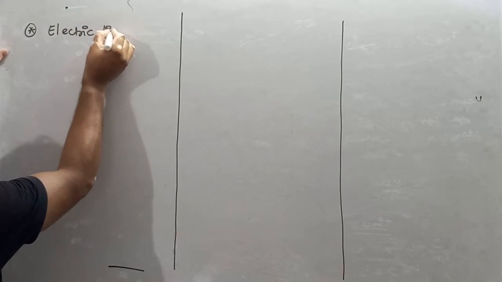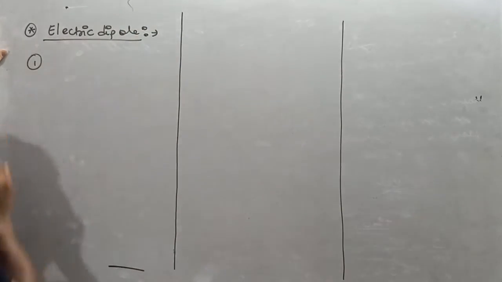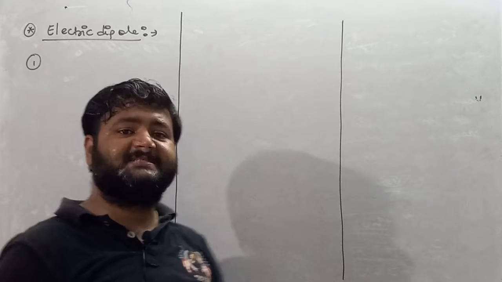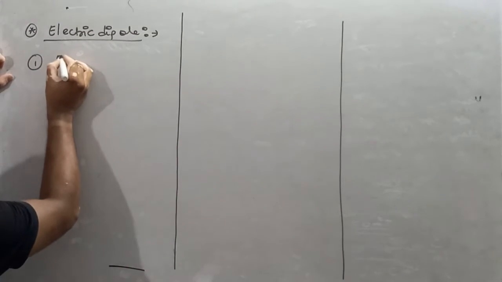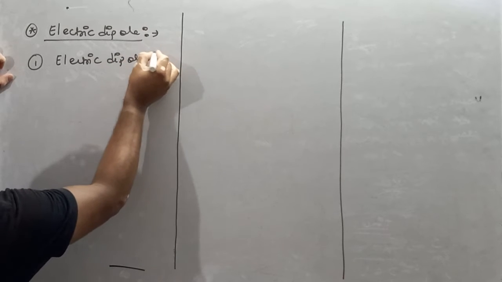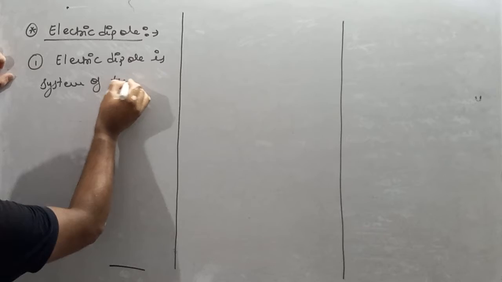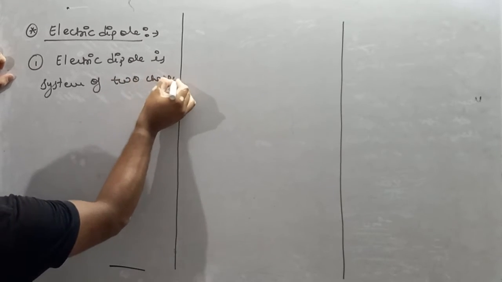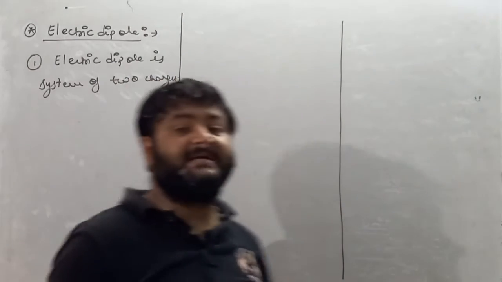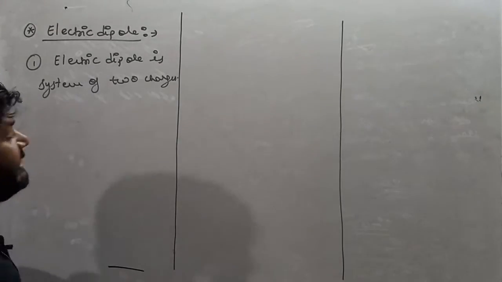So the first point I'll write about electric dipole is, electric dipole is a system of two charges. Now what is the system of two charges which is called an electric dipole?